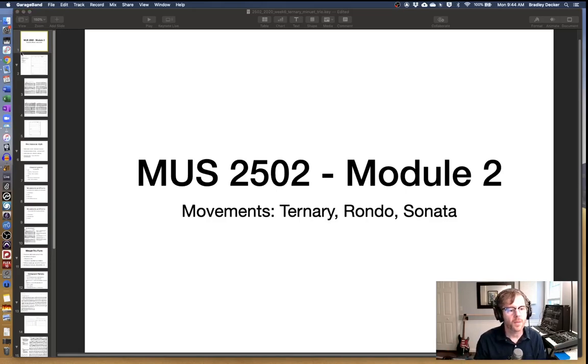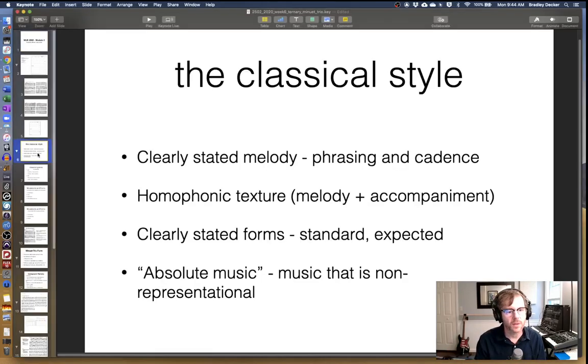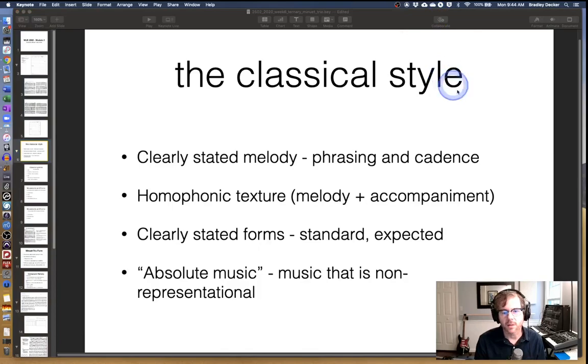So the first thing to understand is the essence of the classical style, what that really means. We've talked about this in the periphery, but let's address this directly. The classical style is from the height of the 18th century into the first part of the 19th century.